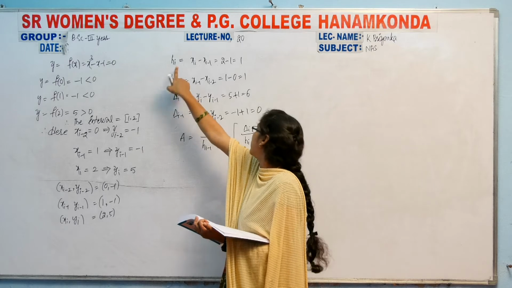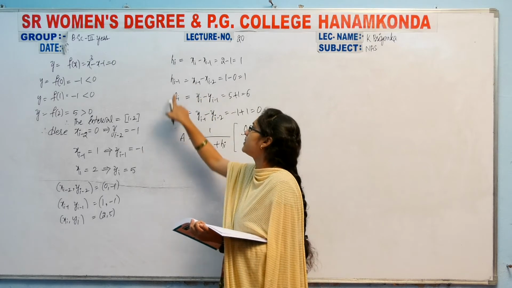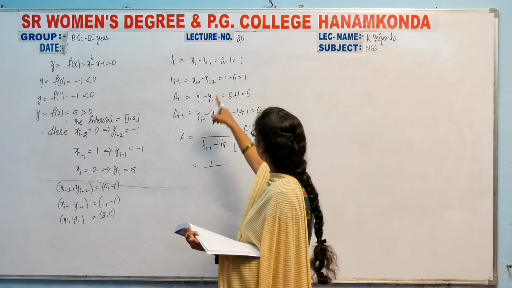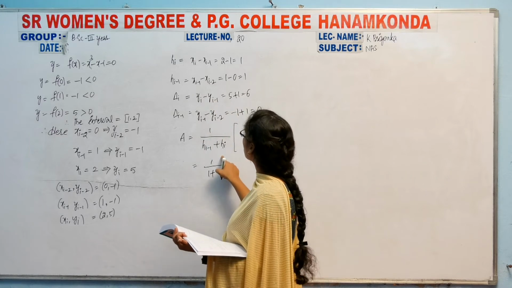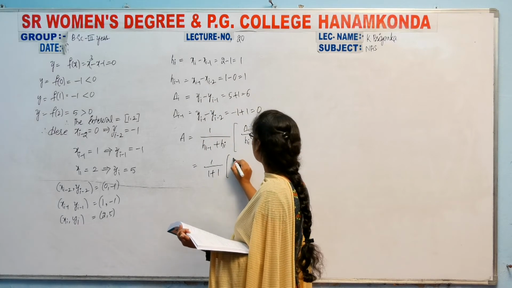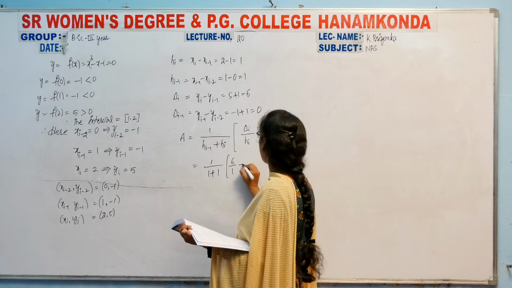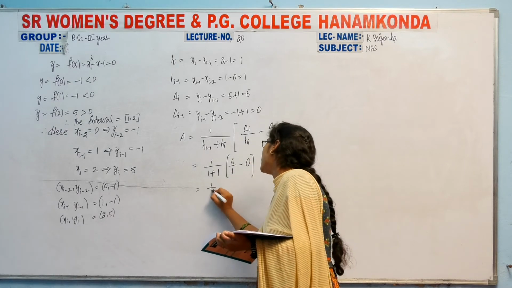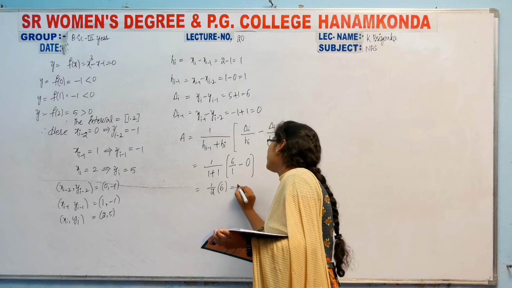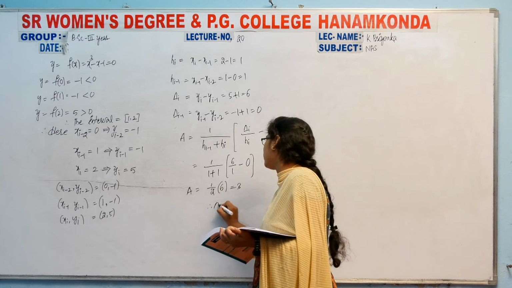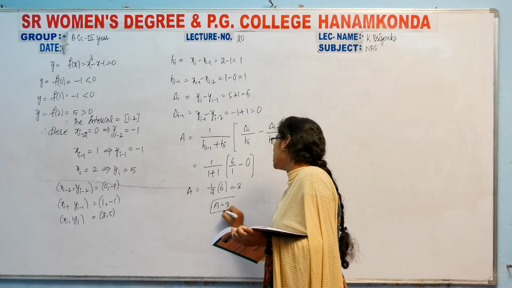Now listen, 1 by, what is hi minus 1 plus hi? 1 plus 1. Then delta I will be 6 by 1, minus 0 by something will be 0. Now 1 by 2 of 6, which is nothing but 3. Therefore capital A is equal to 3.